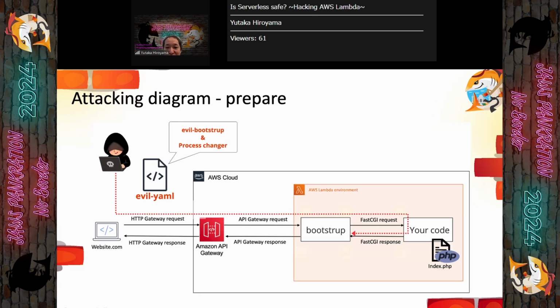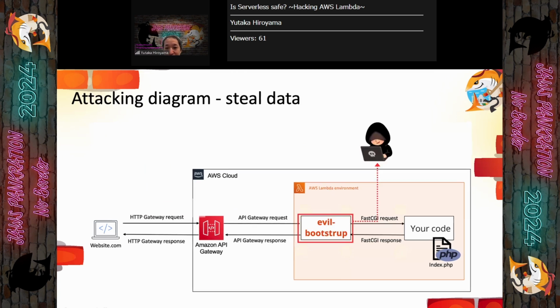I describe that by diagrams. Attacker sends data which contains an evil bootstrap and process changer. The replaced evil bootstrap sends stolen data to the attacker.